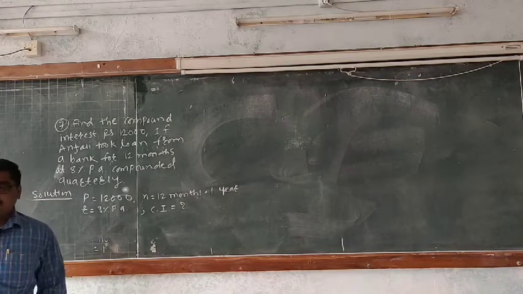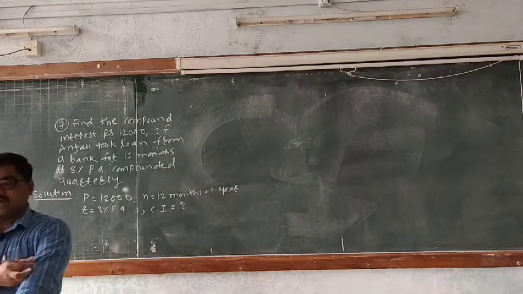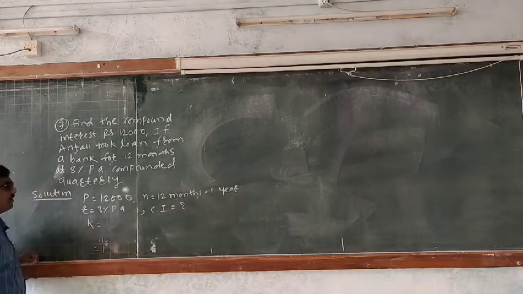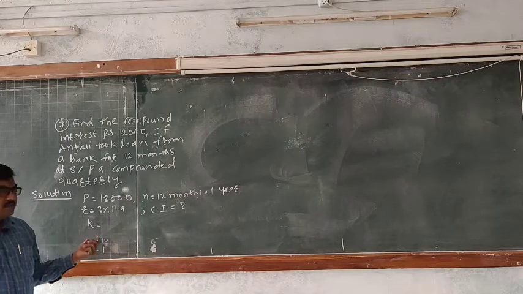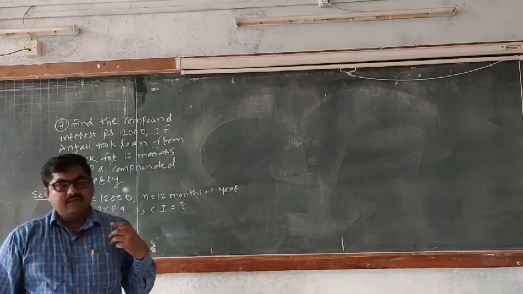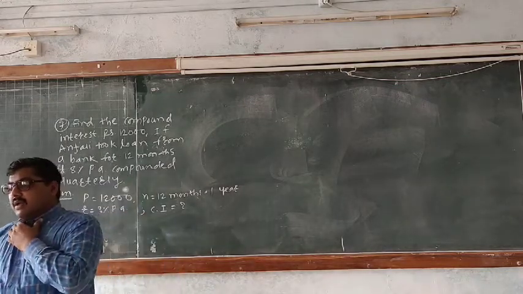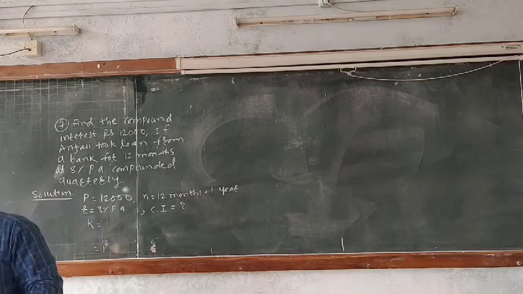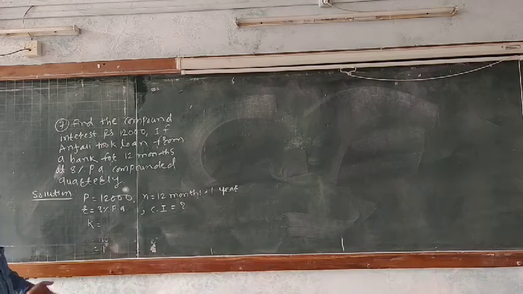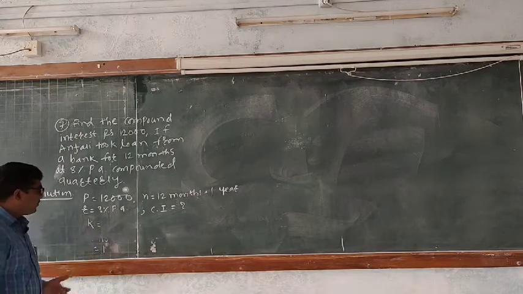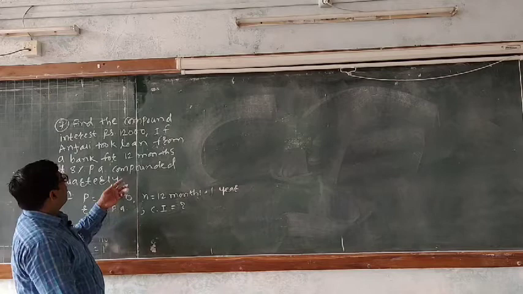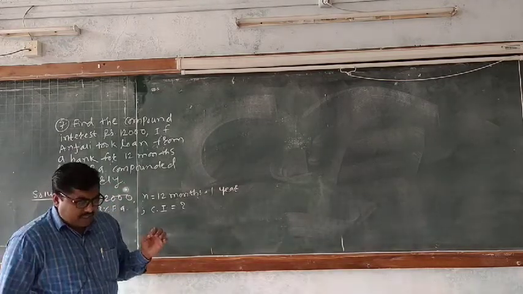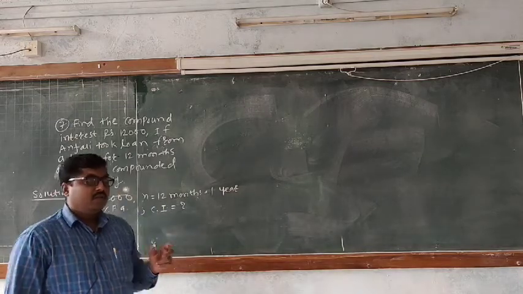Similarly, first write down the K. K is the number of conversion periods in a year. Compound interest is calculated quarterly, so in a year how many quarters? 4.